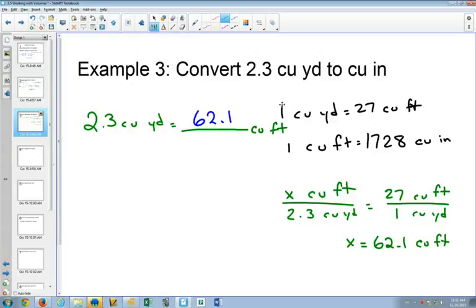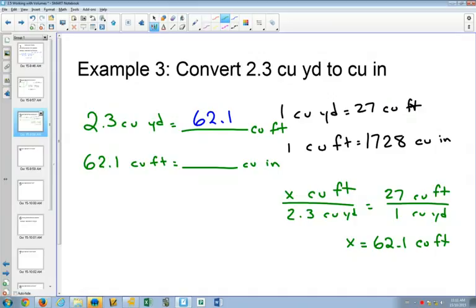So since 2.3 cubic yards is equal to 62.1 cubic feet, we can now say if I have 62.1 cubic feet, how many cubic inches would that be?